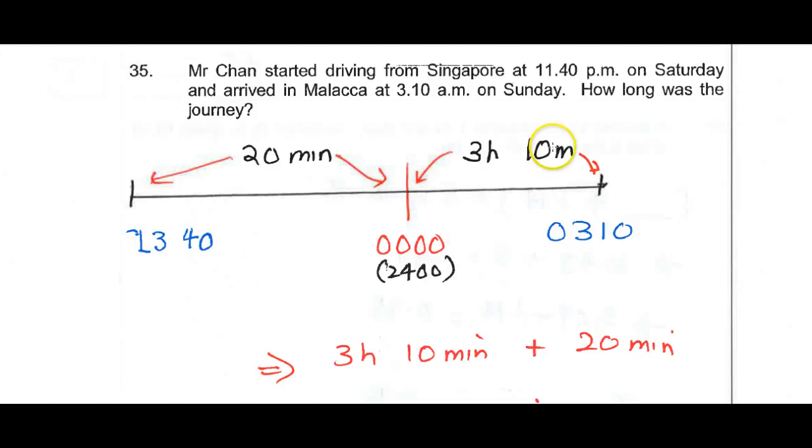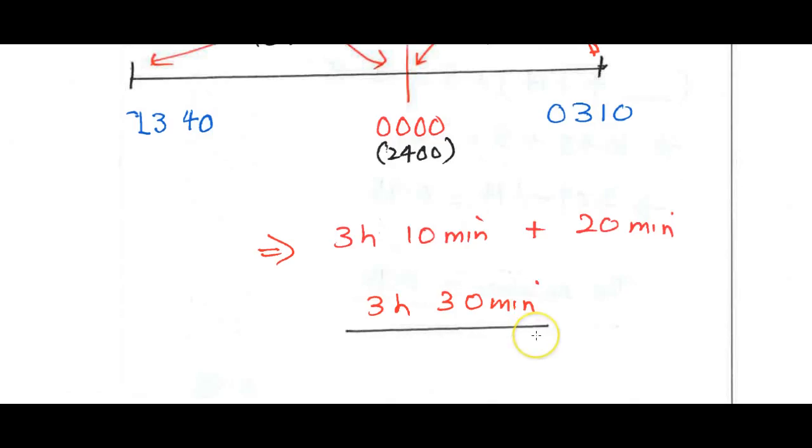Then when he reached Malacca at 3:10, from 12 midnight to 3:10 in the morning, the time driven on the road was 3 hours 10 minutes. So the whole journey is 20 minutes plus 3 hours 10 minutes, which is 3 hours and 30 minutes, or 3.5 hours he has been driving.